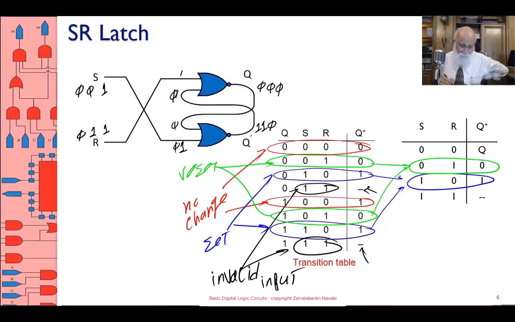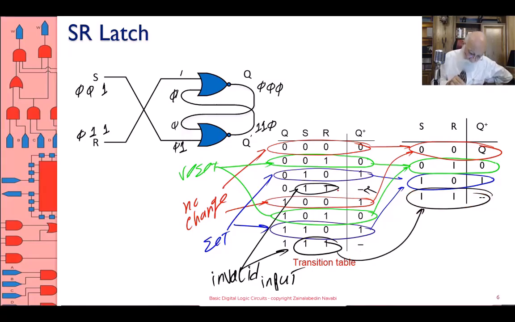If it was 0, it remains 0. If it was 1, it becomes 0. For 0, 0, those are the red cases, Q remains the same. And then 1, 1, regardless of what Q was, stay away from it. Don't do that. These are the two black cases. This is an SR-Latch.